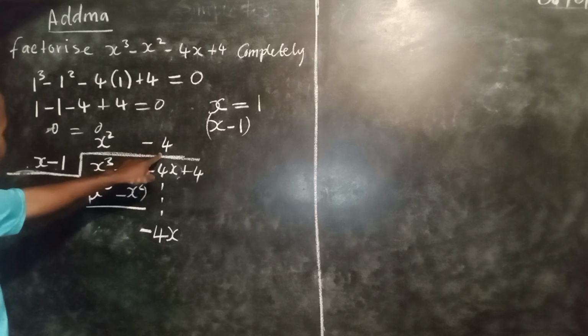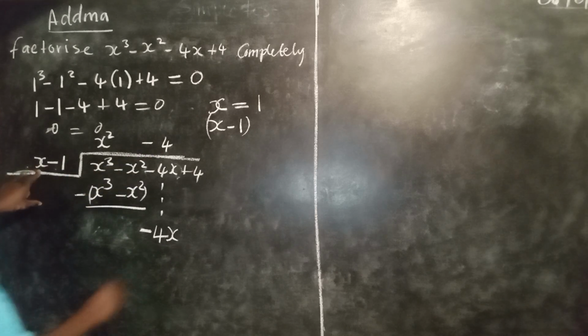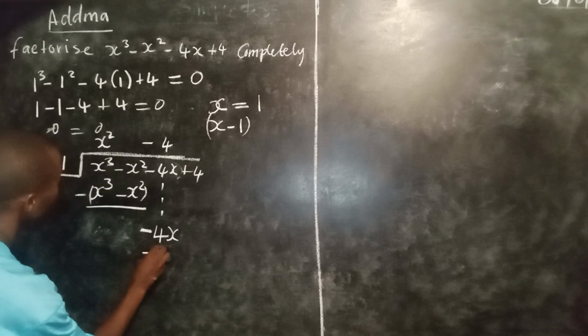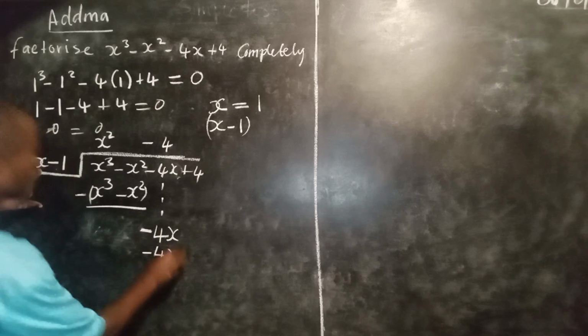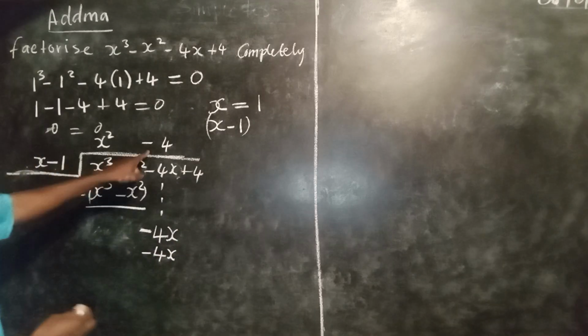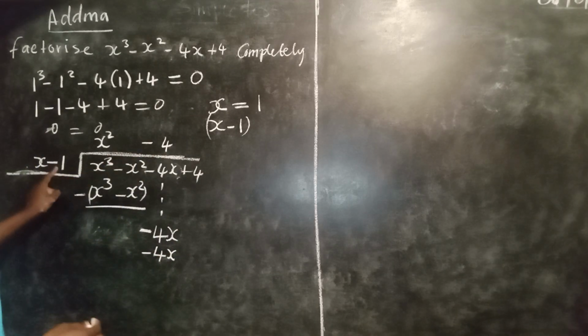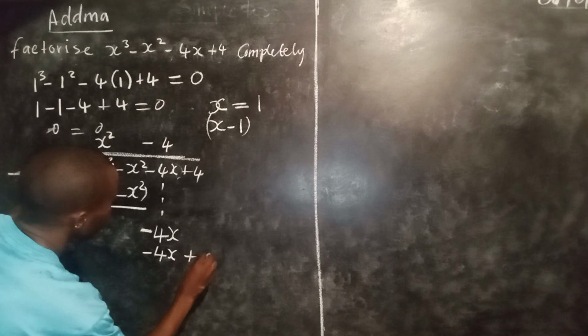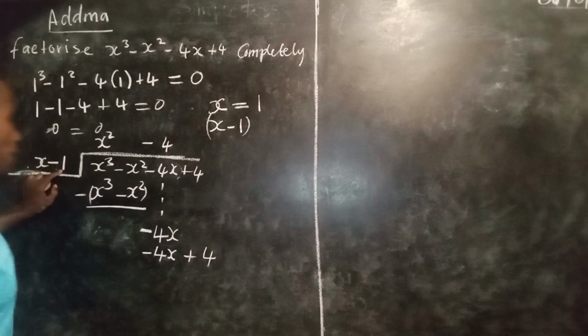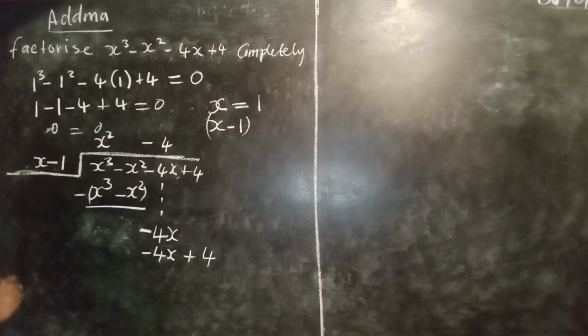Then negative 4 times x is negative 4x. Then negative 4 times negative 1, the answer is going to be positive 4. Now here we are going to subtract.